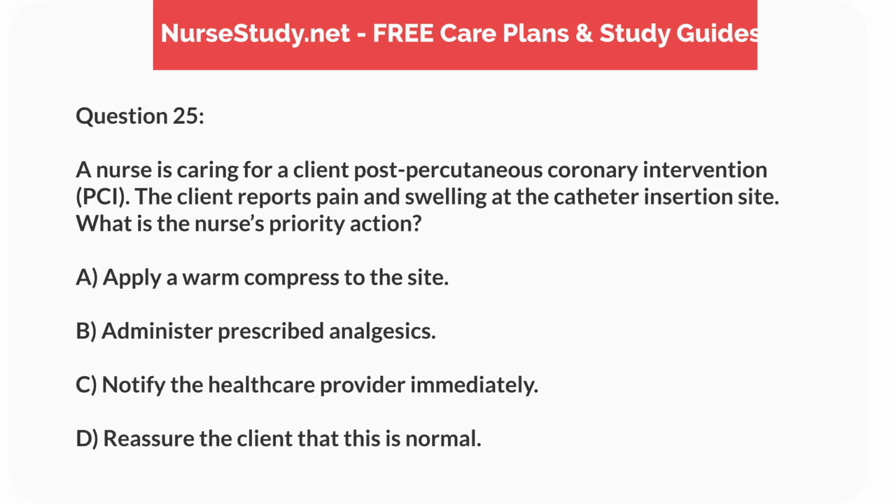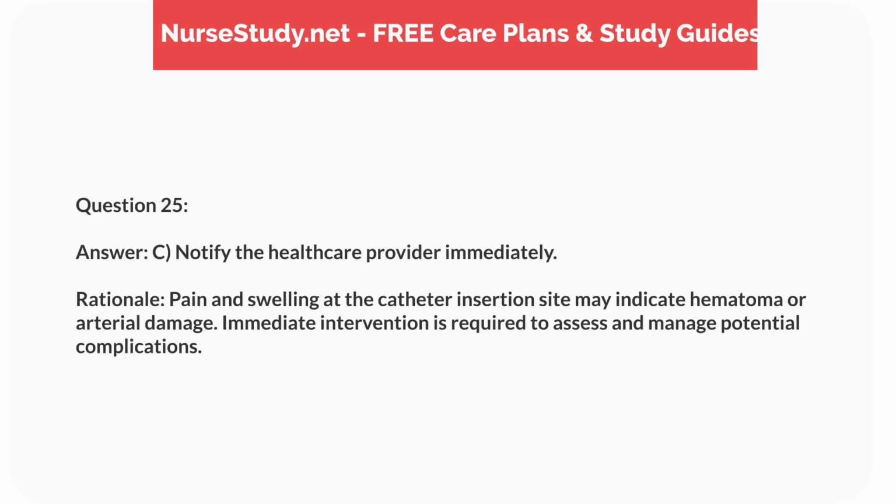D. Reassure the client that this is normal. Answer, C. Notify the healthcare provider immediately. Rationale: pain and swelling at the catheter insertion site may indicate hematoma or arterial damage. Immediate intervention is required to assess and manage potential complications.